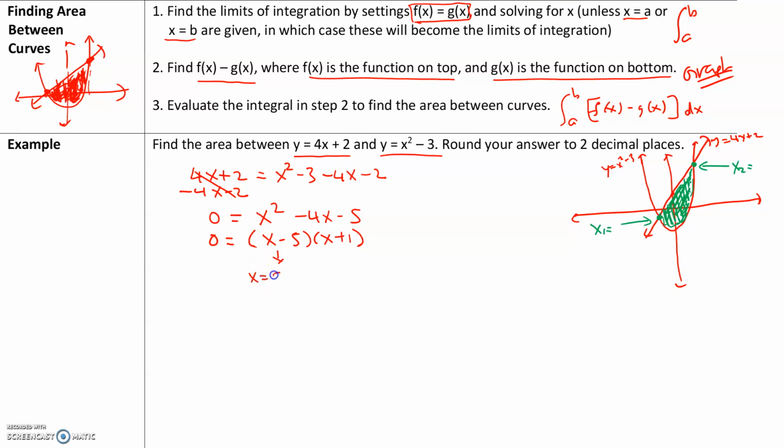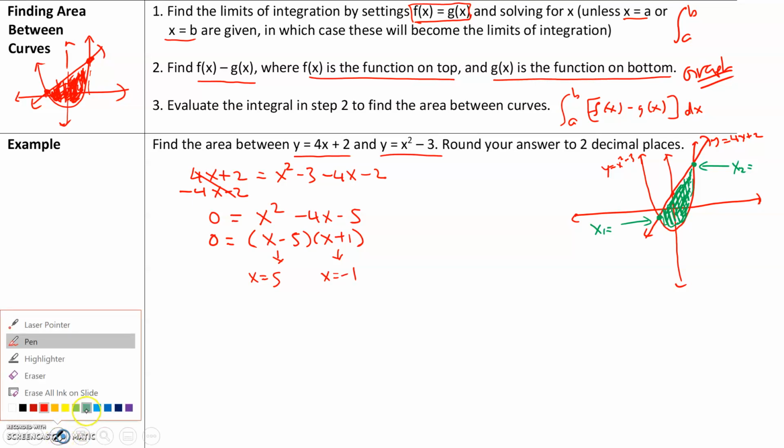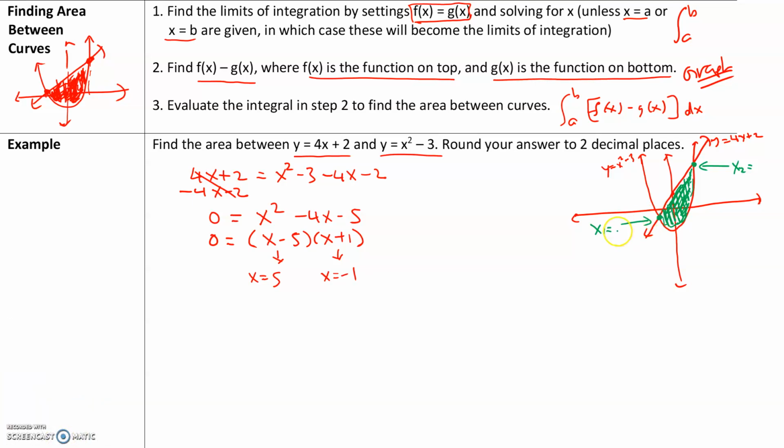So we get x equals 5 and x equals negative 1. What that tells us is that this x value is negative 1 and this x value is positive 5. So we want to take the integral between negative 1 and positive 5. These will be the limits of integration.